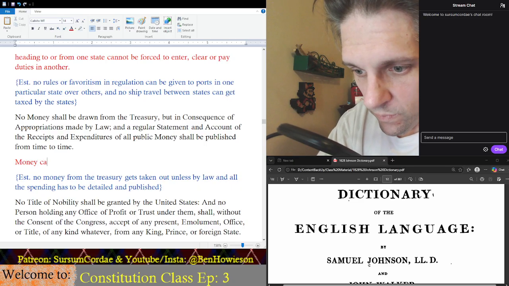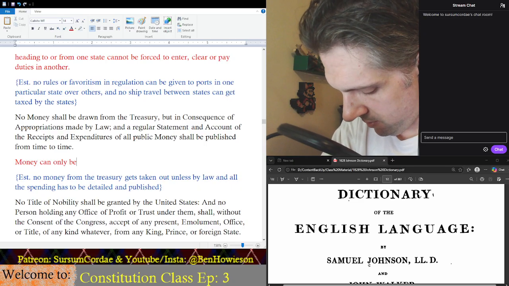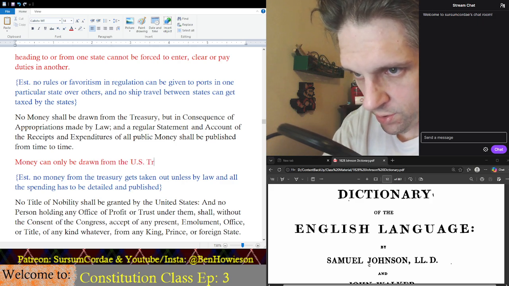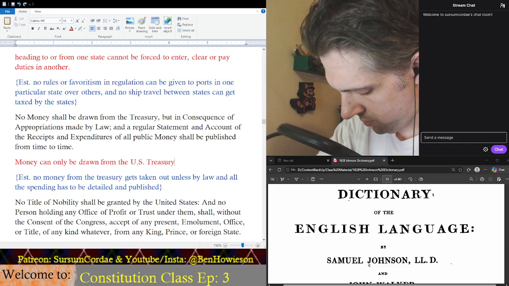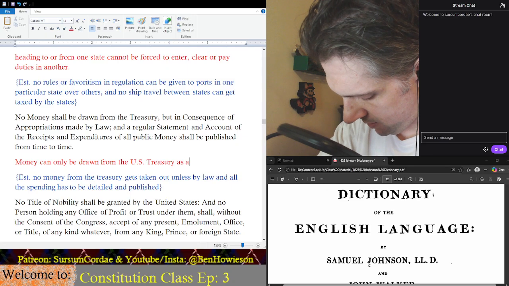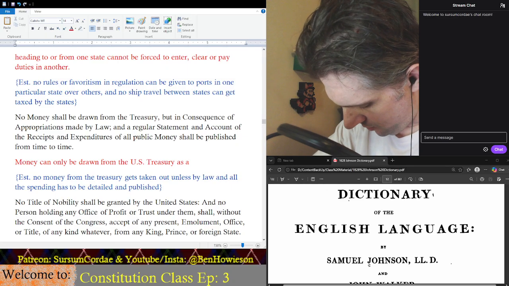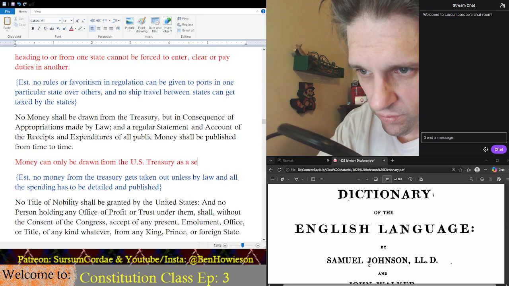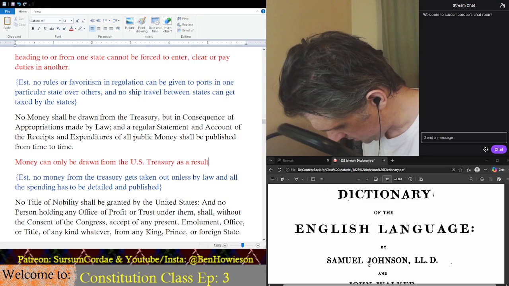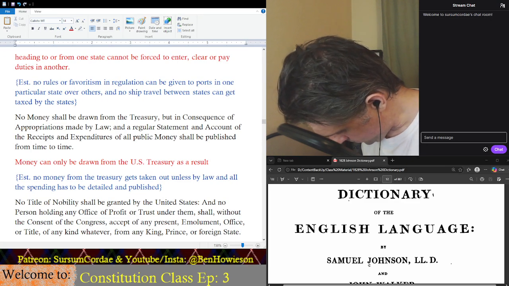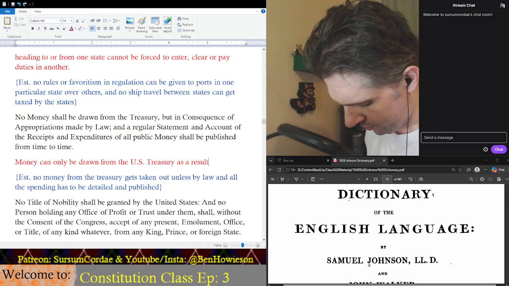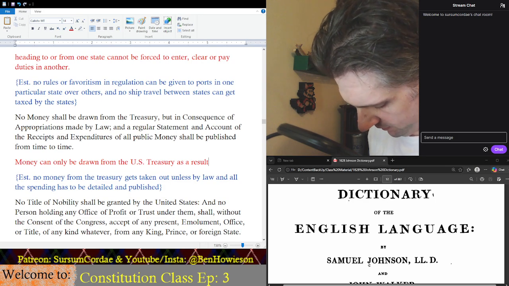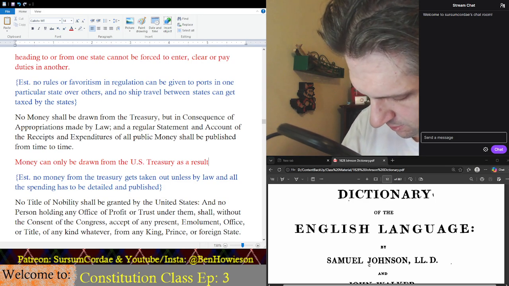Money can only be drawn from the U.S. Treasury as a result. Well, it's a result. It says it can only be drawn from the U.S. Treasury as a result of legal obligations.